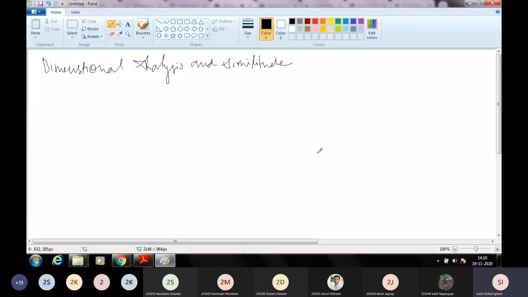So the fundamental quantities are nothing but mass, length, time, temperature.